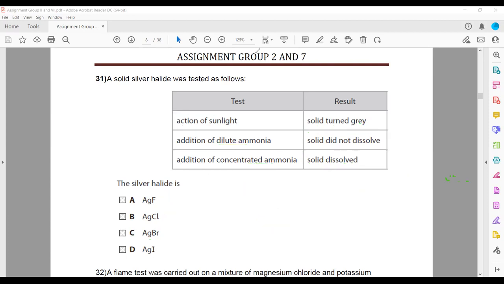Is it clear, this one? So silver halides are there. You have to learn the observations.